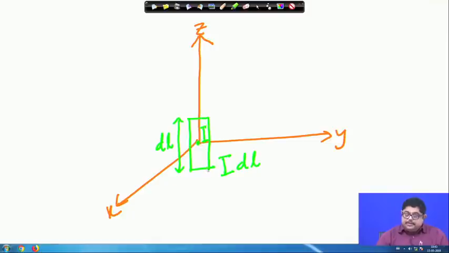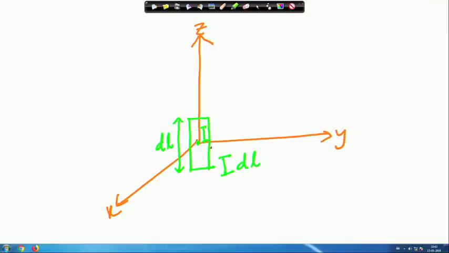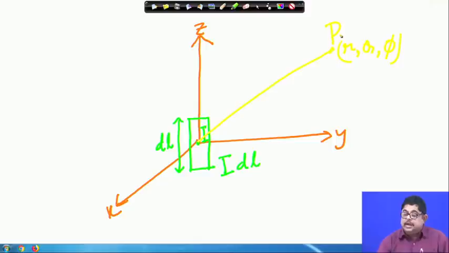We consider that this I is a time varying current of frequency omega, and let us say that we are observing it at a field point P. Field points are always specified in terms of the spherical coordinates r, theta, phi.